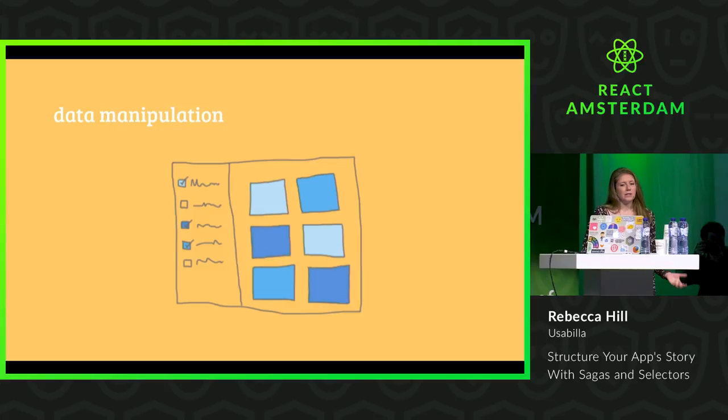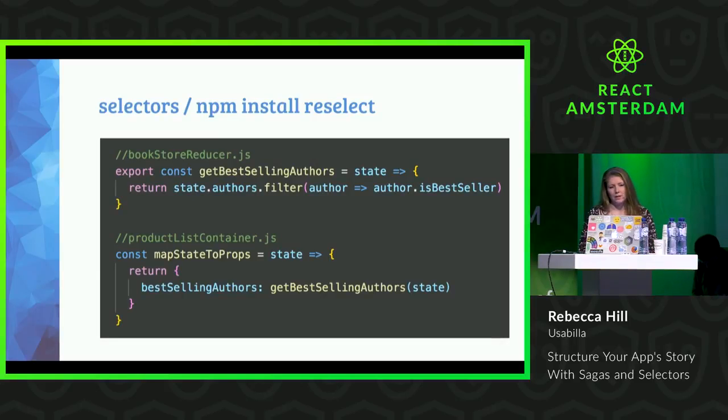Say you have an online store that sells books, and you want to show your users a list of just your best-selling authors. Well, doing the actual filtering is pretty straightforward, but where should we put that function? For these kinds of tasks, selectors are pretty much always the way to go, even in very small apps. Here we have a reducer file that includes a get best-selling authors selector that contains our filter.